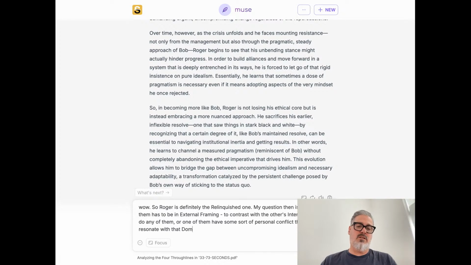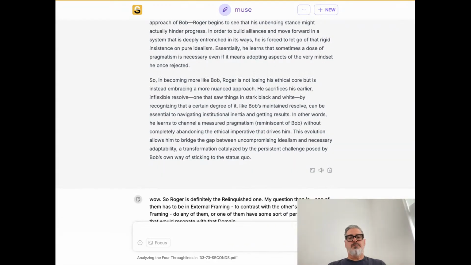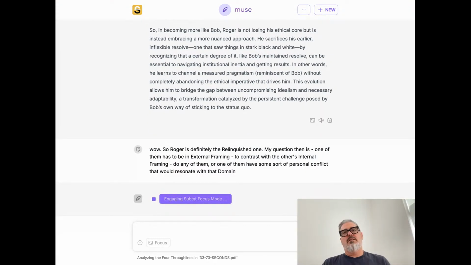Let's just call it domain right now. I haven't quite updated it. So now I'm just looking, since it's thinking both of them are in that internal framing, the mind domain, I'm trying to see which one of them fits in the universe domain and which one of them is external framed.